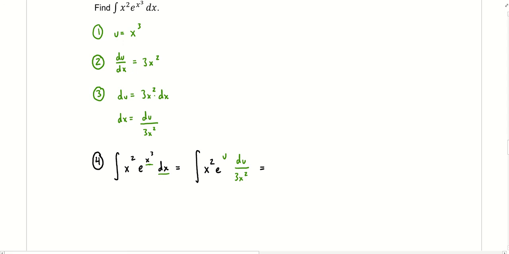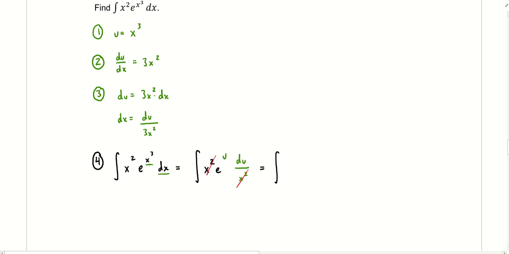Now again, the ultimate goal here is for this thing to look simpler. Right now it doesn't, but if I look at what I've got here, I've got an x squared, and then I've got this x squared in my denominator. So those two things can cancel out, which is going to leave me with the integral of, well, I've got that 3 on the denominator there.